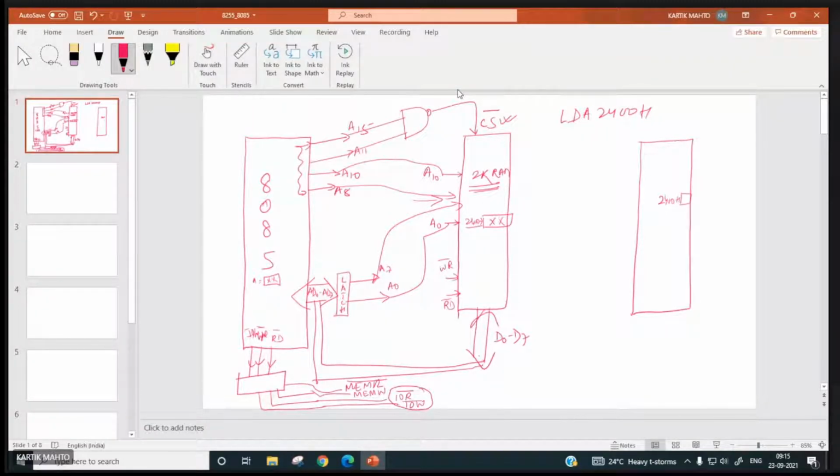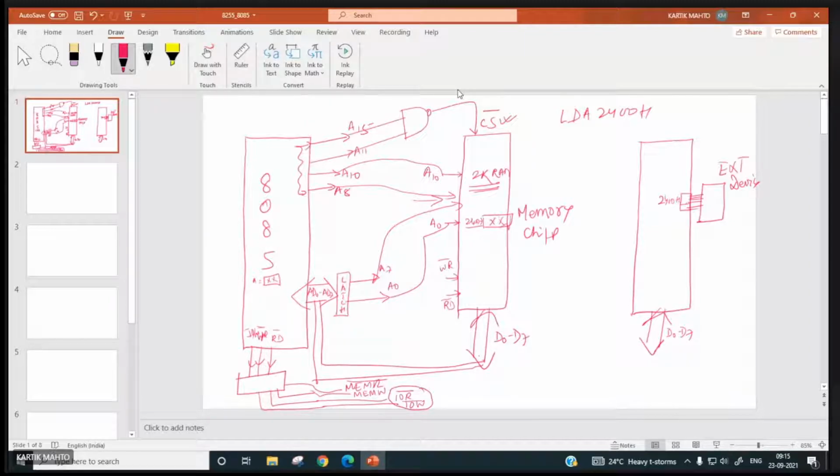Then apart from this D0 to D7 pin, whatever is the content of this 2400 will be available on these types of pins also, right? So now to these pins, you can connect an external device. This facility is not there in the memory chip.